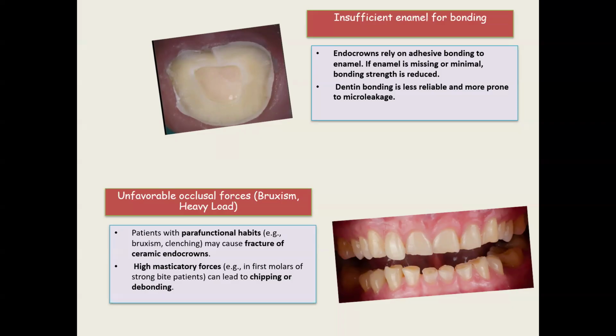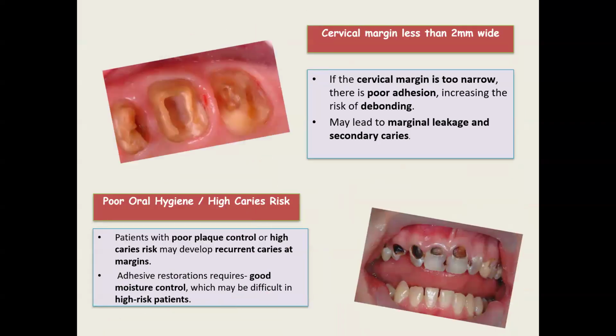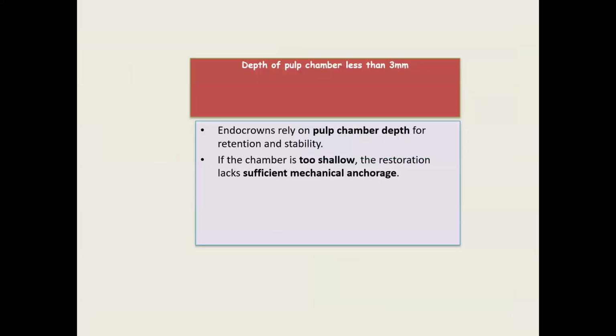And because it is bonded directly to the enamel, if enamel on the tooth structure is very little, it is going to affect the bonding process. In cases of poor oral hygiene or high caries risk, the endocrown should be avoided. And if the cervical margin is less than 2 mm wide, it is contraindicated.